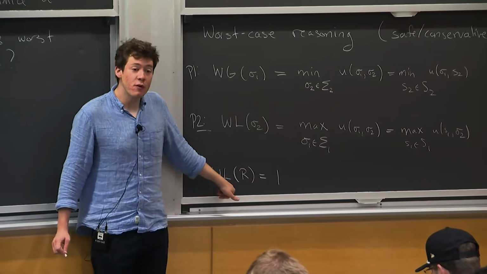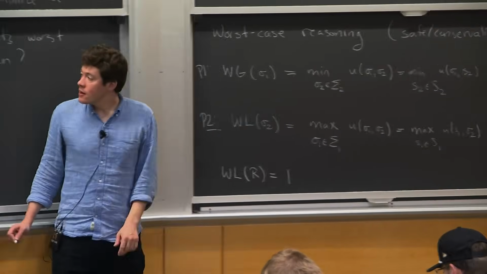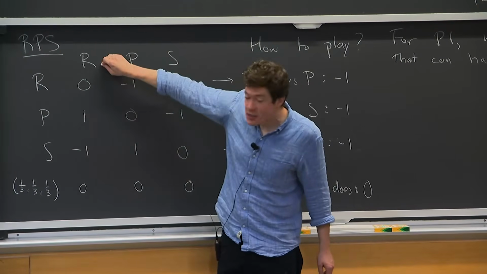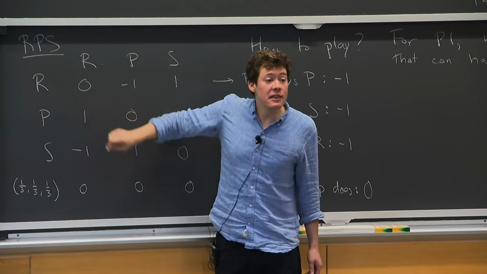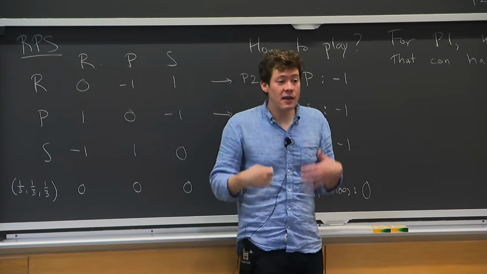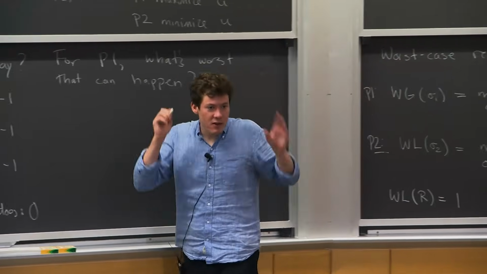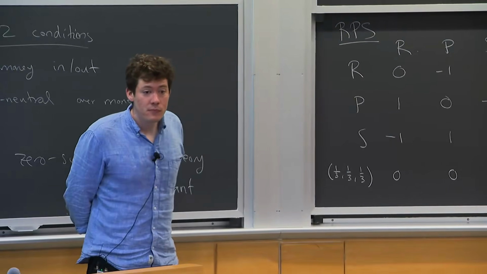So the worst case for me, if I'm player 2 and I play R, well, I'm trying to minimize how much I lose. So the worst loss is if my opponent plays paper and I lose utility 1. My loss is 1. So just keep this in mind, and this is why things can be a little bit confusing here.